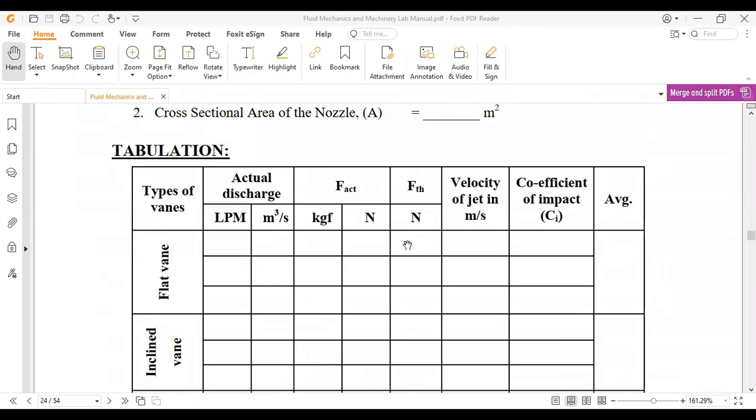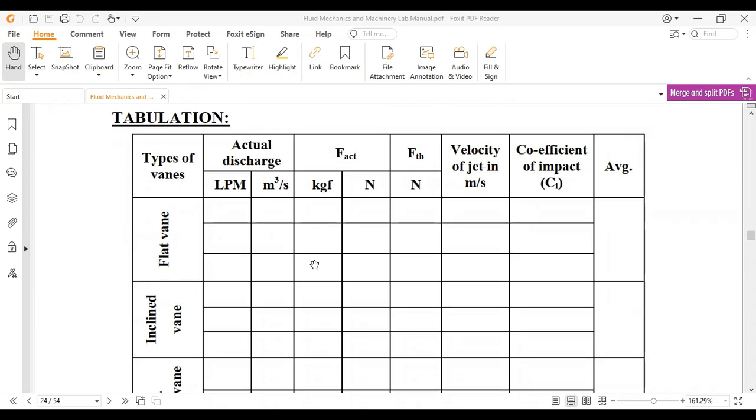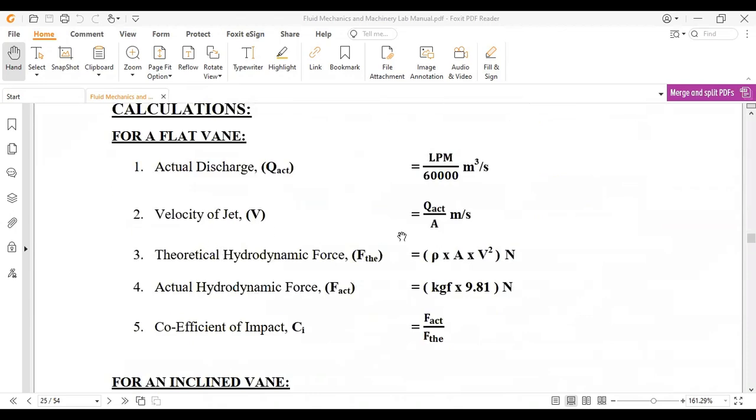Next, theoretical force is calculated by formulas, and the velocity of the jet can be found by Q actual divided by area. Actual discharge is already taken from the rotameter, and we know the area of the nozzle. Q actual by area gives the velocity.